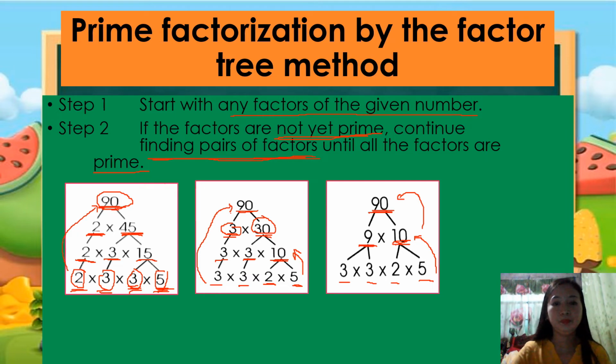Now, digit 3 is a prime number. Why is it a prime number? Because, as we said a while ago, prime numbers are numbers with only 2 factors.